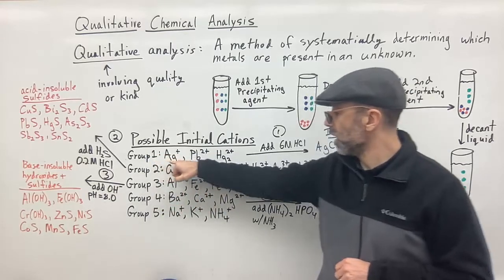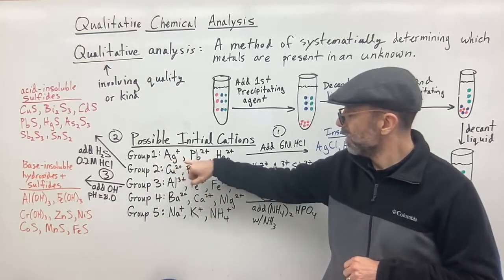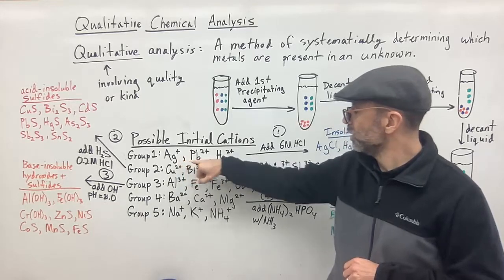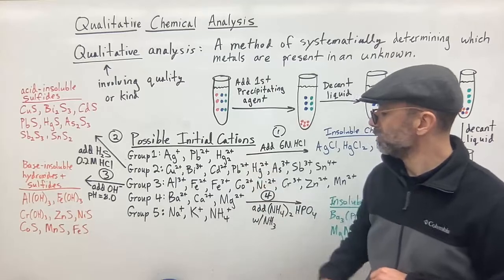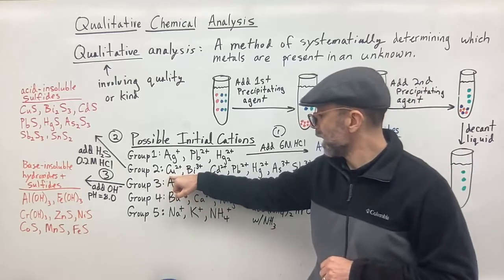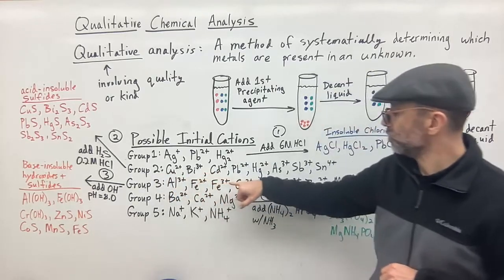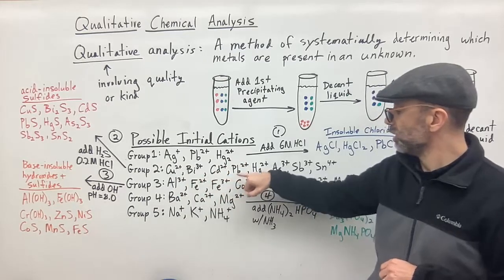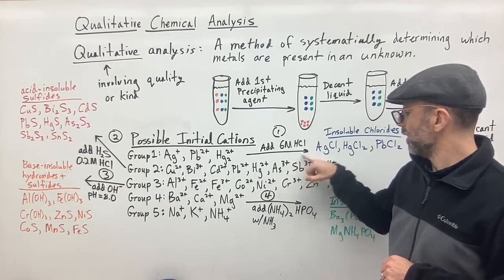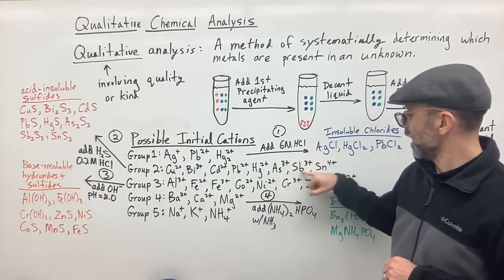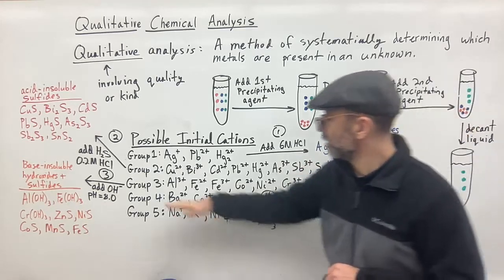Group 1 is the silver, lead 2 ion, and my mercury 1 ion. Group 2 is my copper 2, bismuth 2, cadmium, lead 2, mercury 2, arsenic, antimony and tin, and then so on.